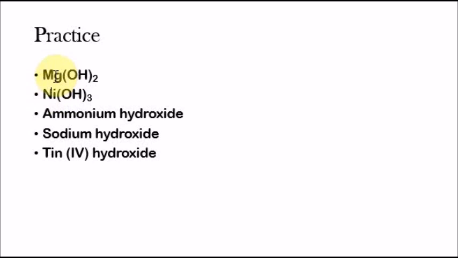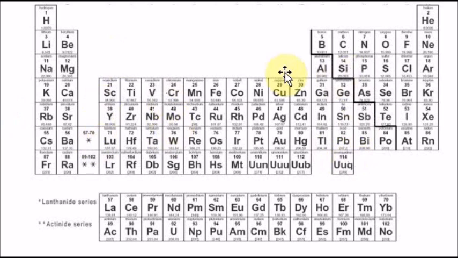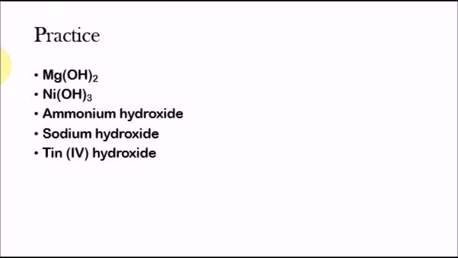We have magnesium here. Now magnesium is not in this group right here. It's not in this section of the periodic table. It's in this row. So that means for magnesium, you're not going to have to use the Roman numerals.